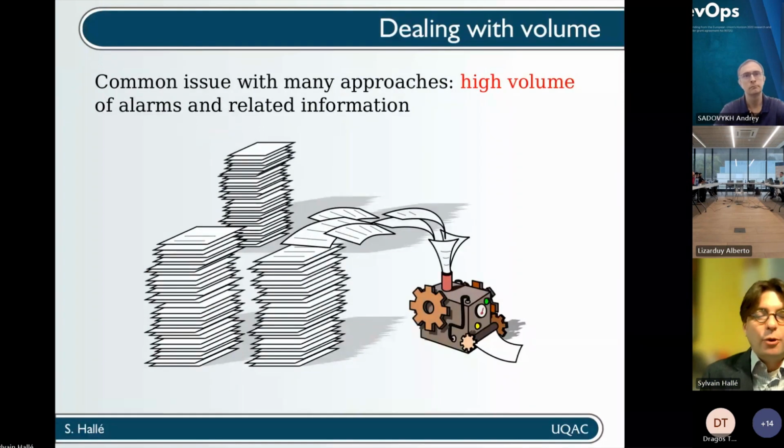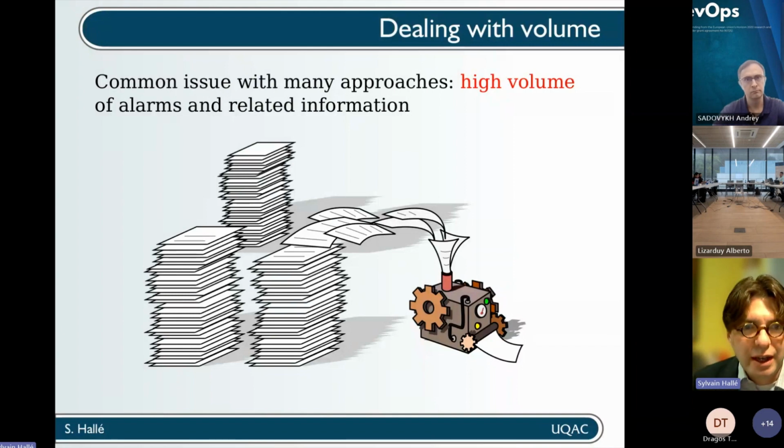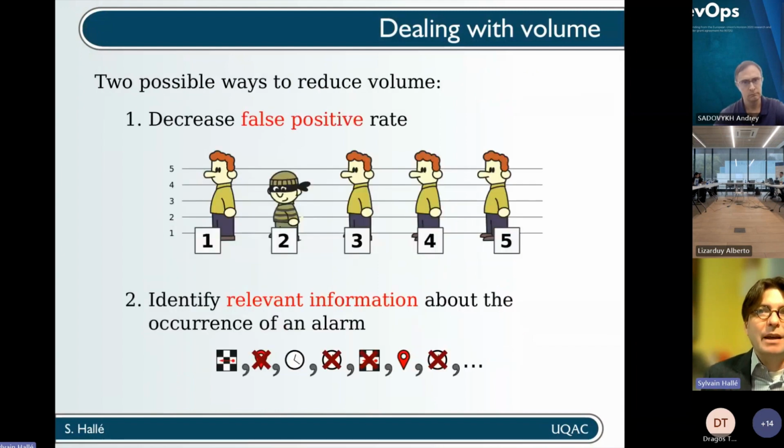Now, regardless of the technique that we use to detect these anomalies or intrusions, there's a common issue: they generate a high volume of alarms and related information. One of the main concerns in using these approaches is to try to reduce this volume. There are two possible ways to reduce the volume.